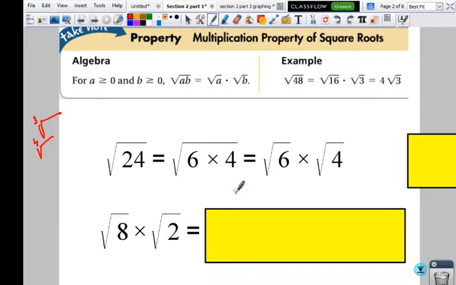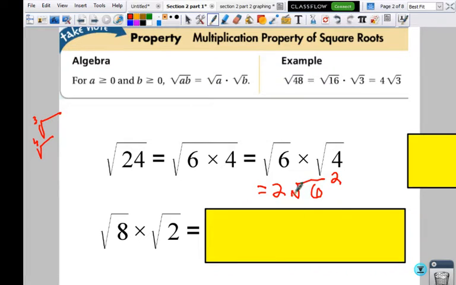And after we do this, do you know what the square root of 6 is? No. What about the square root of 4? That's 2. Square root of 4 is 2, right? Yeah. So the reason we might want to split these up is because, hey, I took out a square root of 4, which is really 2. It's a 2 square root of 6.